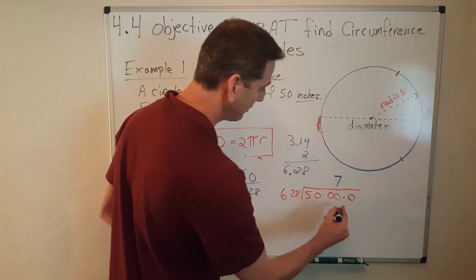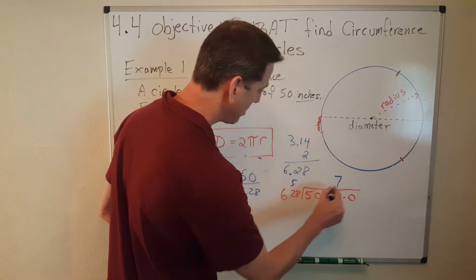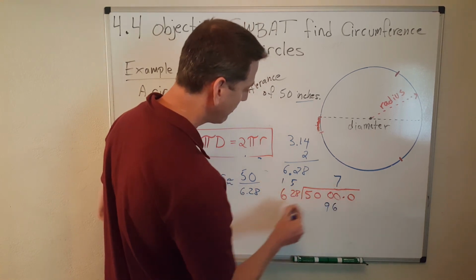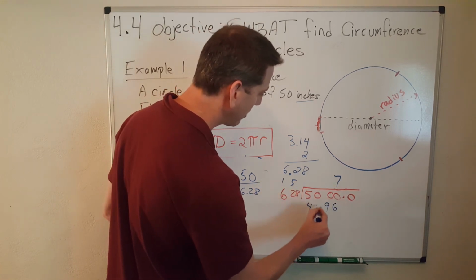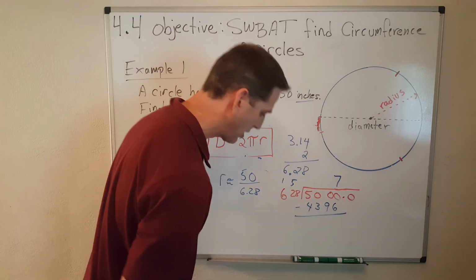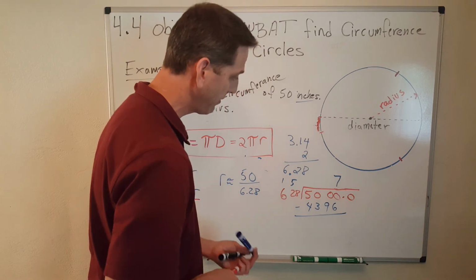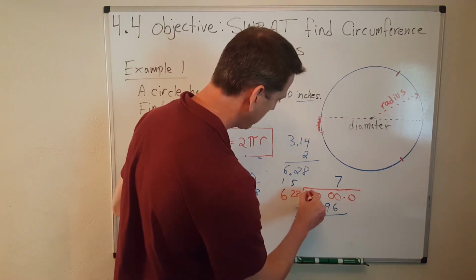7 times 8 is 56. 7 times 2 is 14, plus 5 is 19. 42, 43. Okay, and my result is, let's see if I got it right. That cancels.